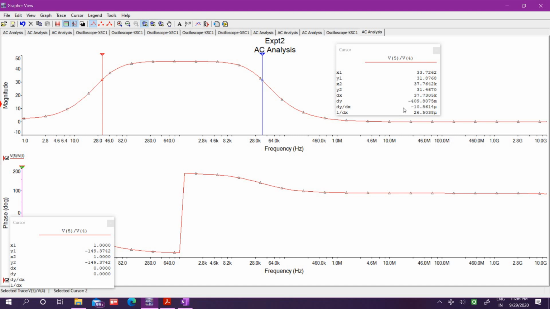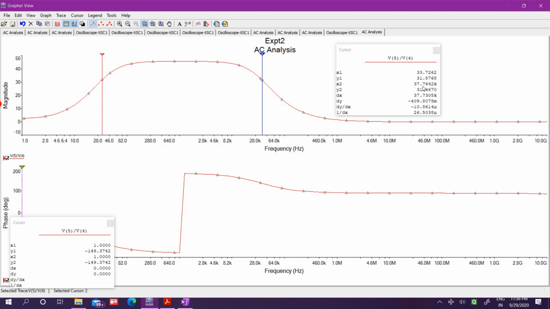Now look at this, the higher cutoff frequency is reduced drastically, so the bandwidth is drastically reduced at the higher cutoff frequency. Initially we got 4.6 megahertz, now the value of x2 is only 37 kilohertz, so it will be between 28 or 33 hertz to 37 kilohertz.